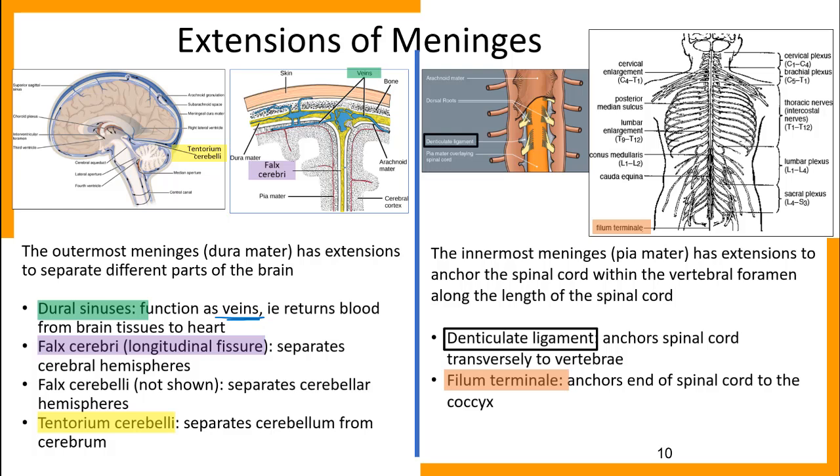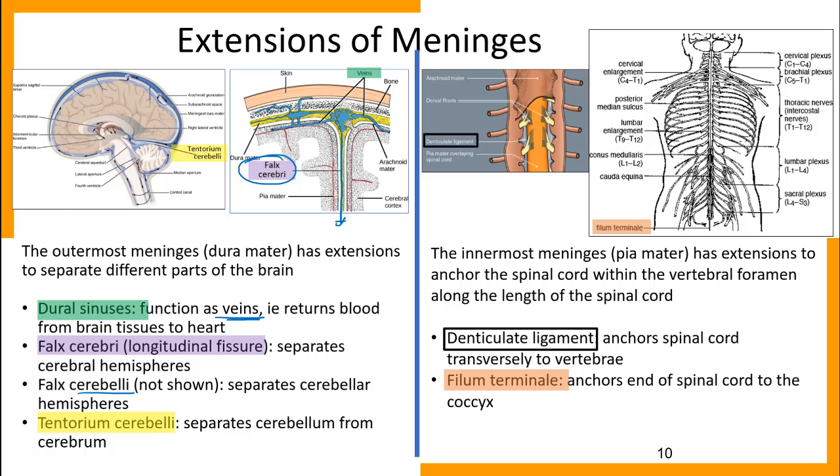You've got an extension of the dura mater, which forms what's called the falx cerebri. So it extends deep within the cerebrum to separate out the right and left cerebral hemispheres. You've got the same thing happening in the cerebellum, which extends in the medial section of the cerebellum to separate out the right and left cerebellar hemispheres.